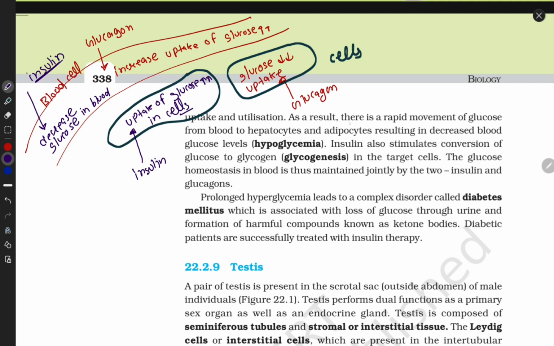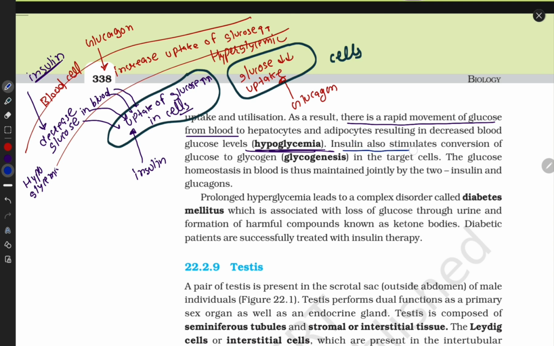Next, there is a rapid movement of glucose from blood. Okay, rapid movement of glucose from blood. Here glucose comes out, comes inside. Okay, so this term is hypoglycemic, and this condition is hyperglycemic condition.